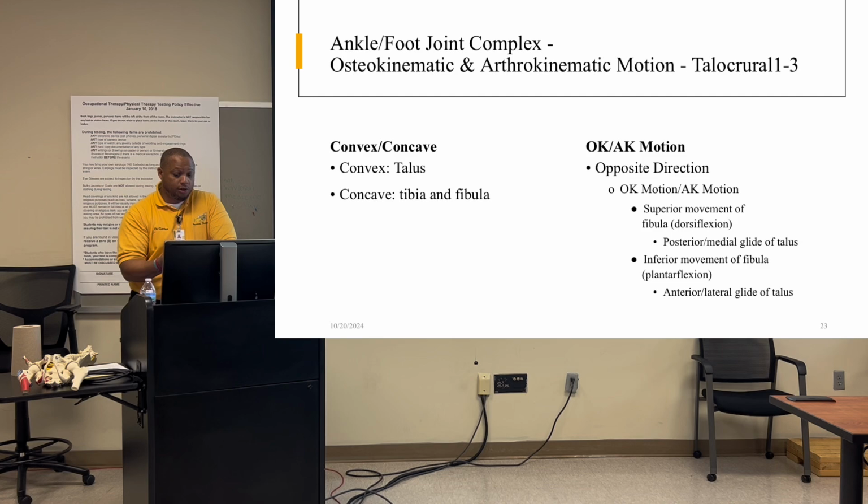If the posterior glide is limited or medial glide is limited, either of those glides of the talus can limit ankle dorsiflexion. The inferior movement of the fibula, that occurs with plantar flexion, there's an anterior lateral glide of the talus that has to occur with plantar flexion.